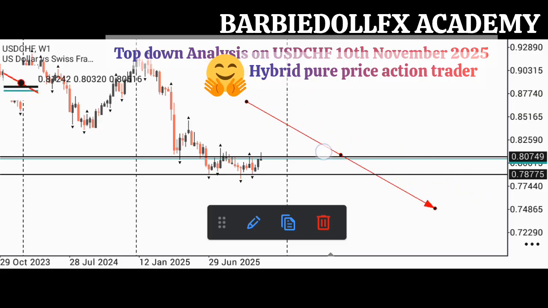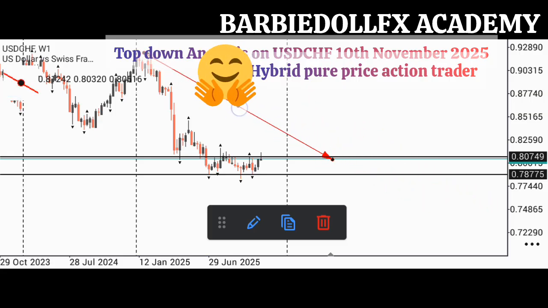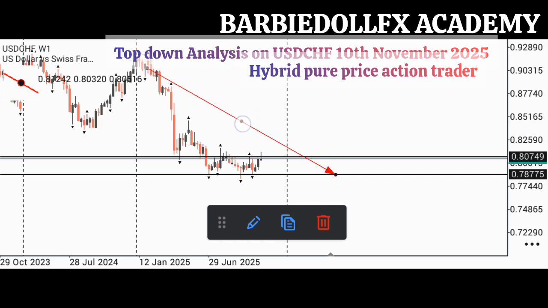After this high, the market has been making lows. See the low, see the lower high, see the low, see the lower high, see the low, see the lower high.